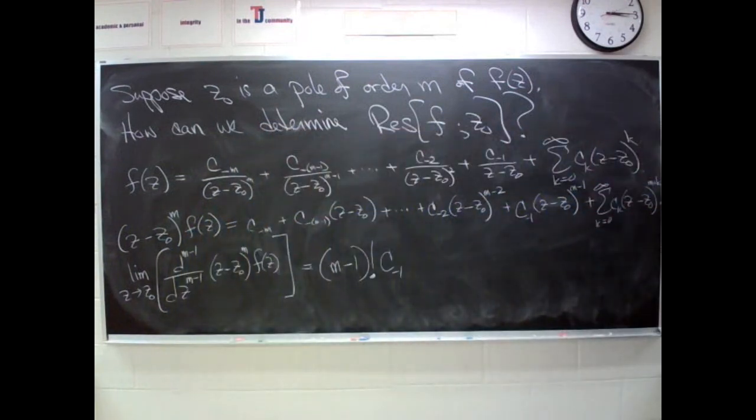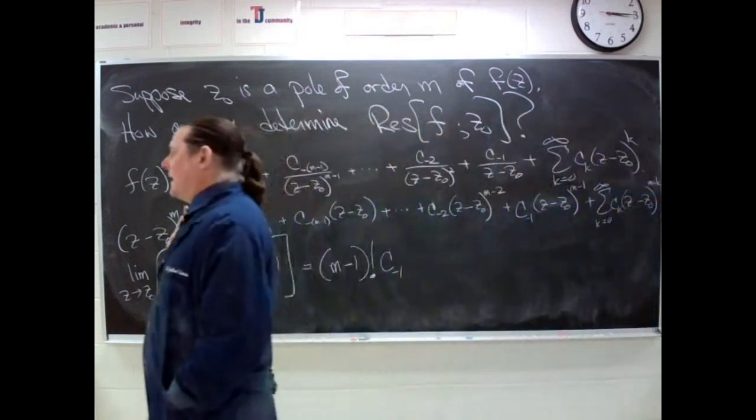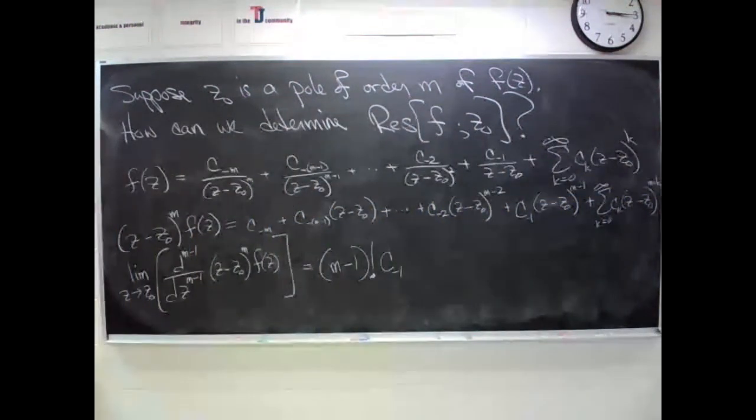All of these terms have more than m minus 1 factors of z minus z naught. Each derivative gets rid of one factor.